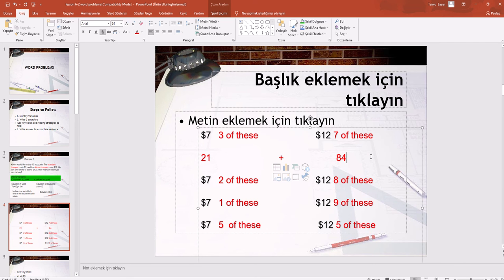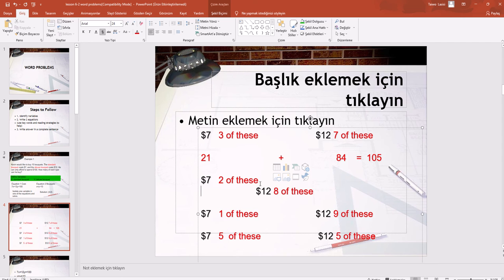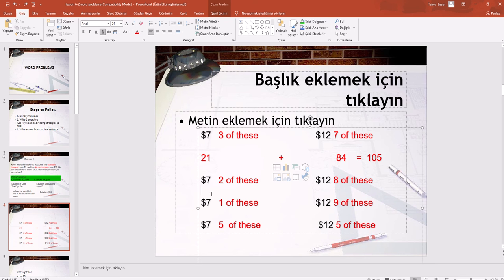In total, if you add these numbers, you get 105, right? So it's more than my money. I have 100, okay? So how much is this? 7 multiplied by 2, 14. Okay, this is 14.